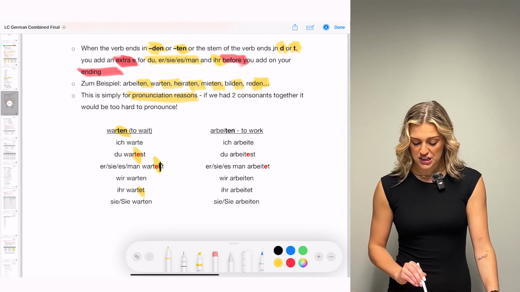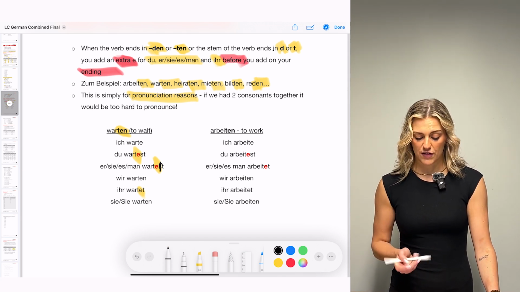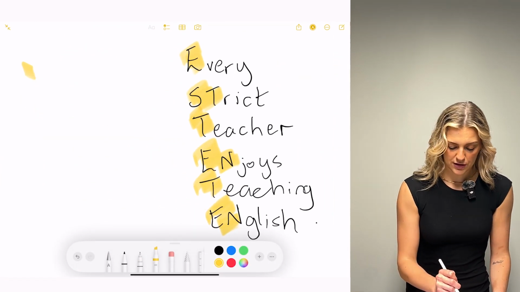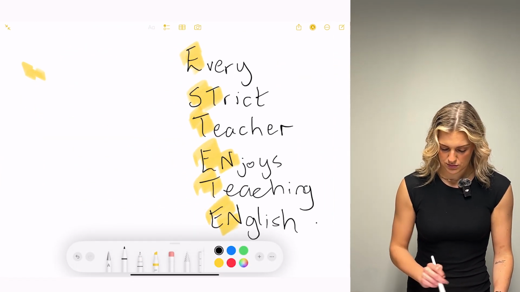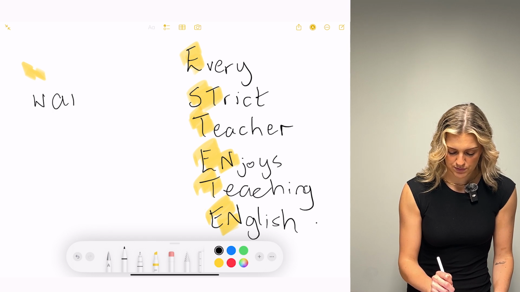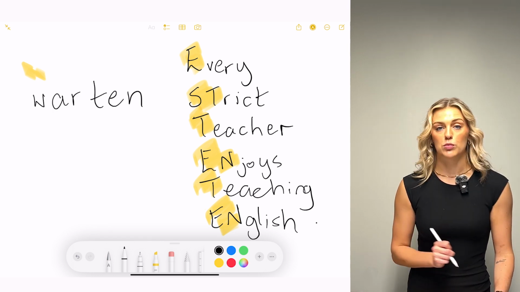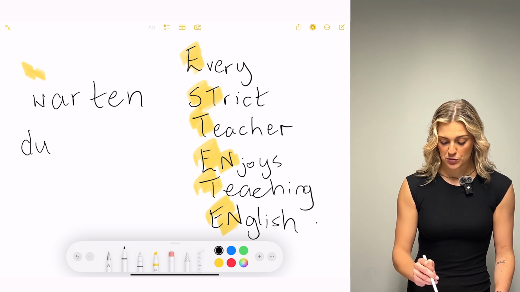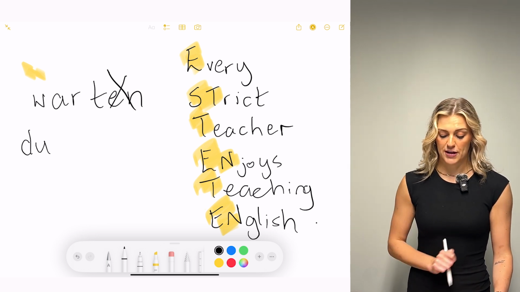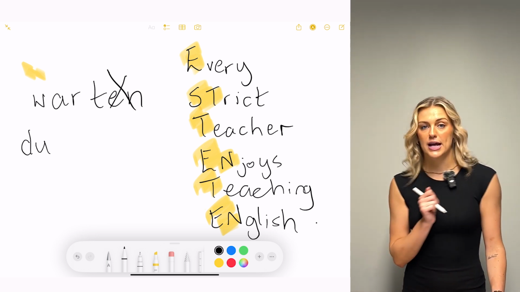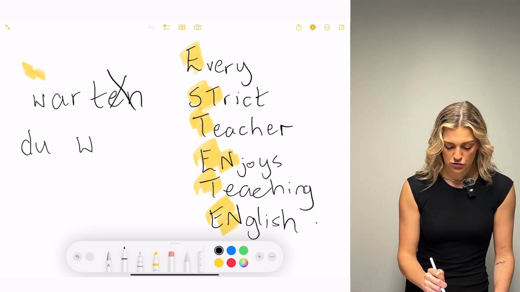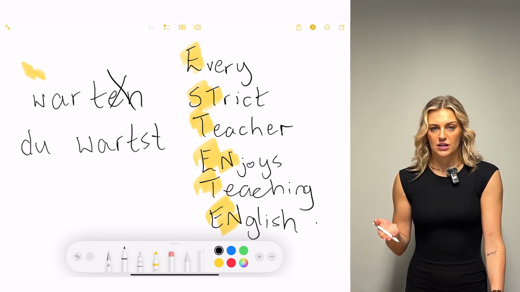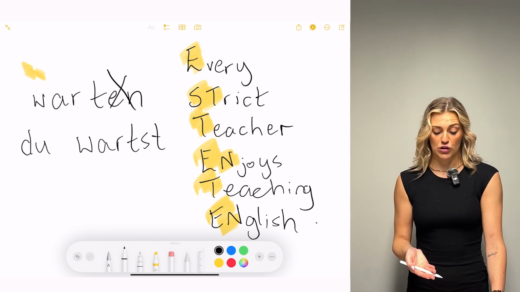But I think you would even know yourself, if we had the verb warten, and we wanted to say you wait, du, so we take off our en, that's gone, I'm left with wart, add on my ending for du is st, du wartest. It's too hard to pronounce and it doesn't look right, okay?